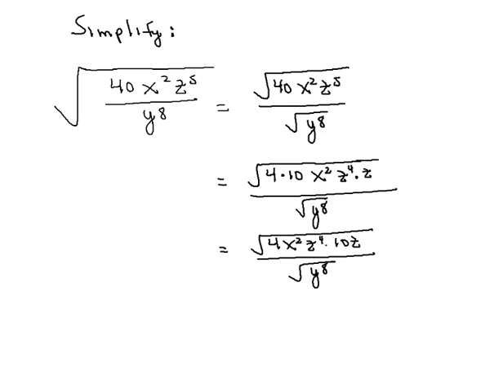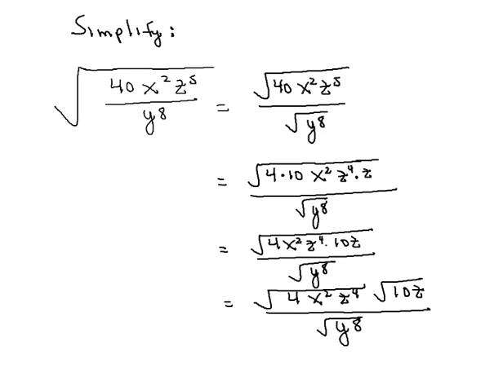And so now if we rewrite using the product property in the numerator, we'll then have the square root of 4x squared z to the 4th multiplied by the square root of 10z, all divided by the square root of y to the 8th.